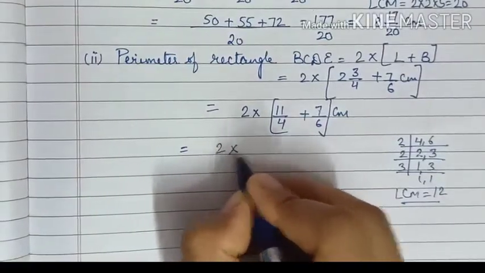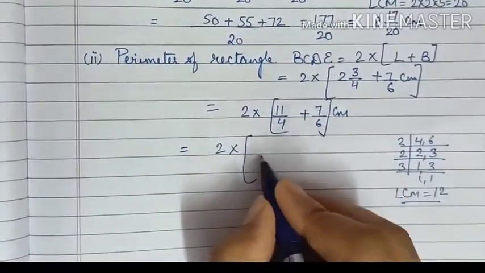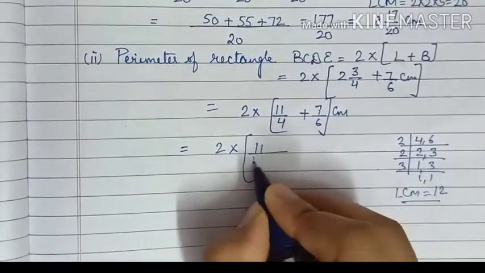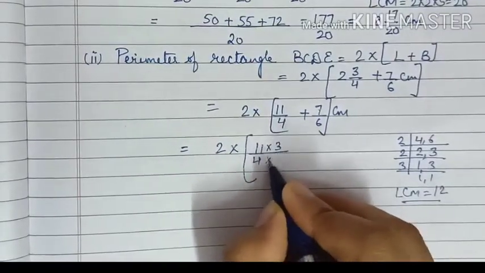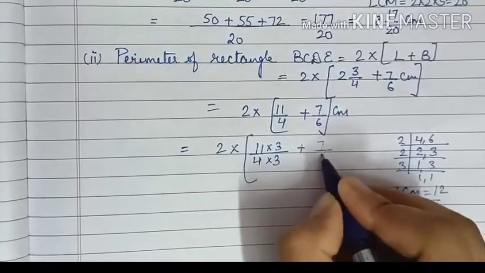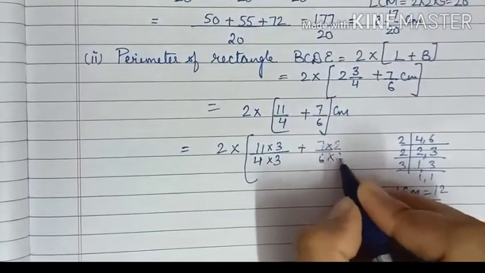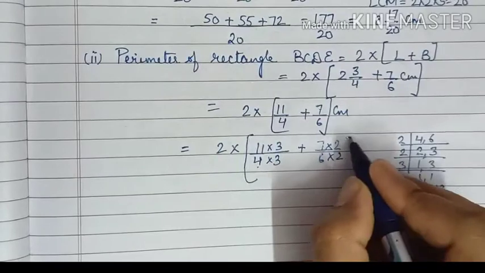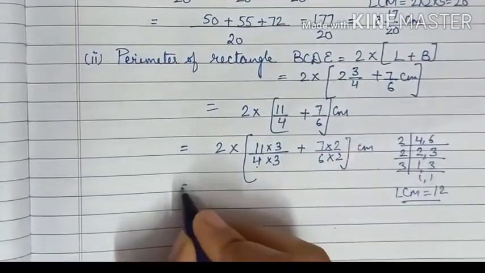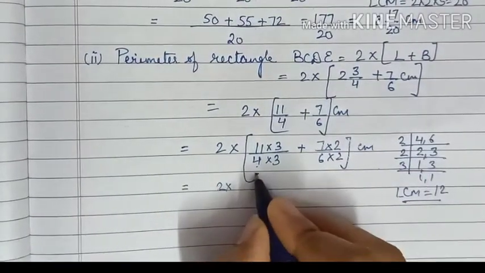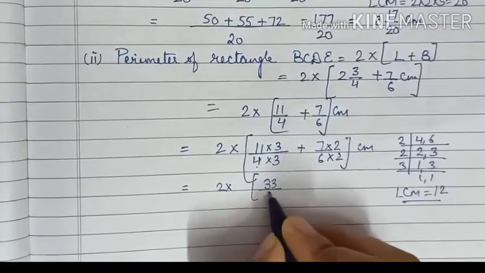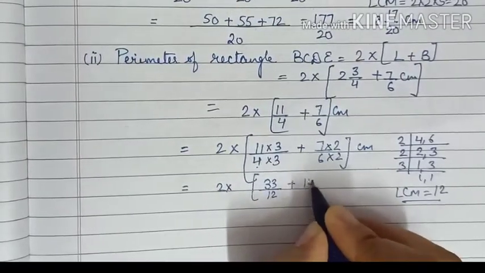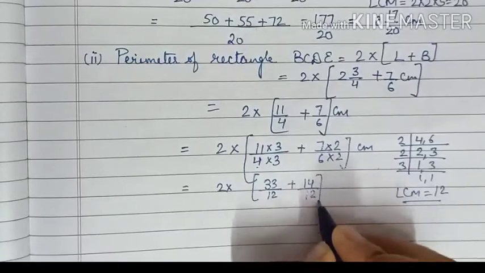Now we will make the denominators of these fractions equal to 12. For that we will multiply 11 by 4 with 3 and 7 by 6 with 2. 6 twos are 12, 4 threes are 12. So we will get 2 multiplied by 33 upon 12 plus 14 upon 12.